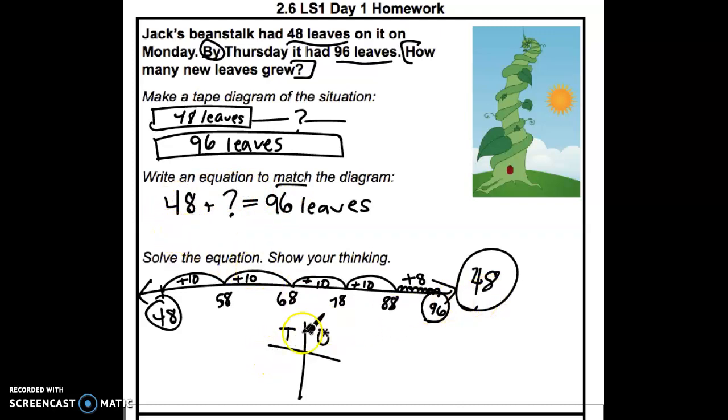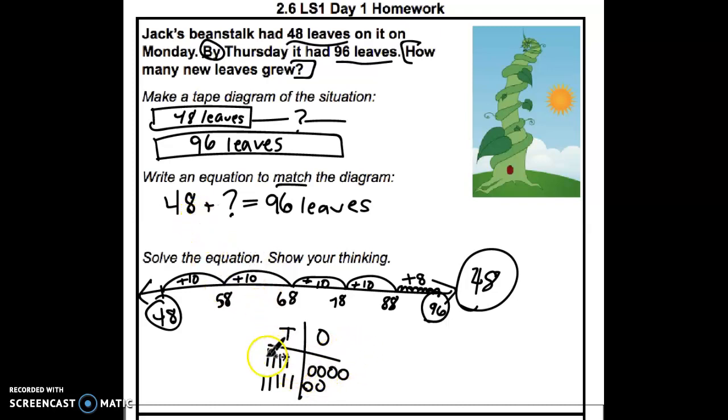We should get the same answer. Let's see. 10, 20, 30, 40, 50, 60, 70, 80, 90, 91, 92, 93, 94, 95, 96.